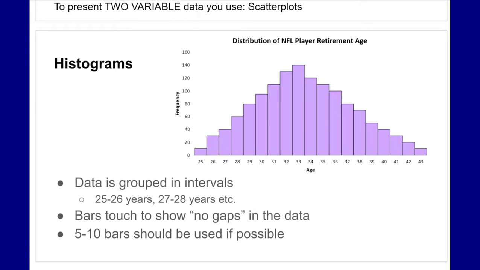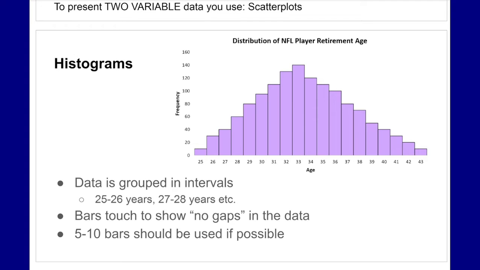So anyone between the ages of, say, 25 and 26 goes in one bar, 27 to 28, and so on. Even though it might look like a bar graph, the numbers are actually representing intervals, because if you're looking at someone's age, they could be anywhere between these values.